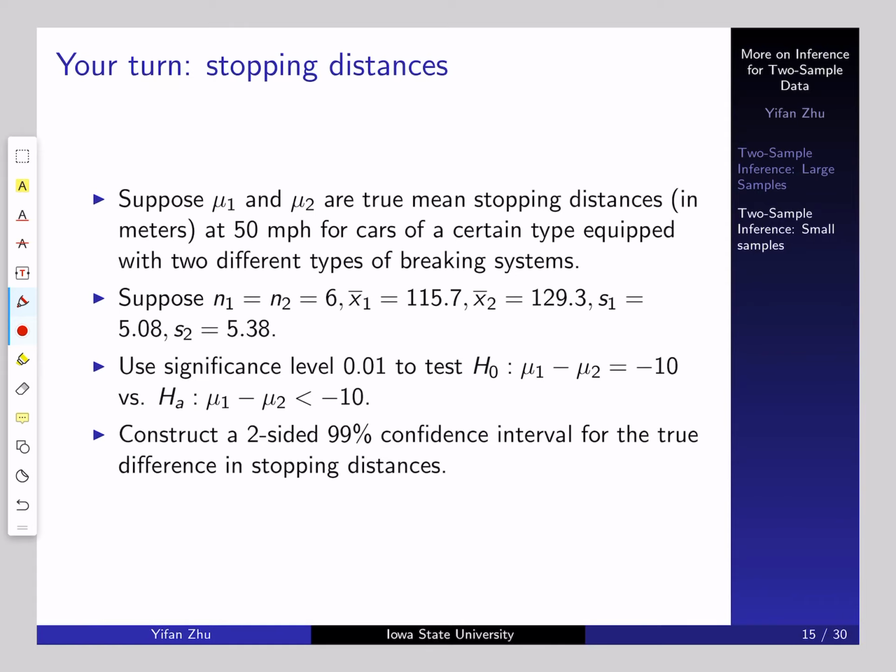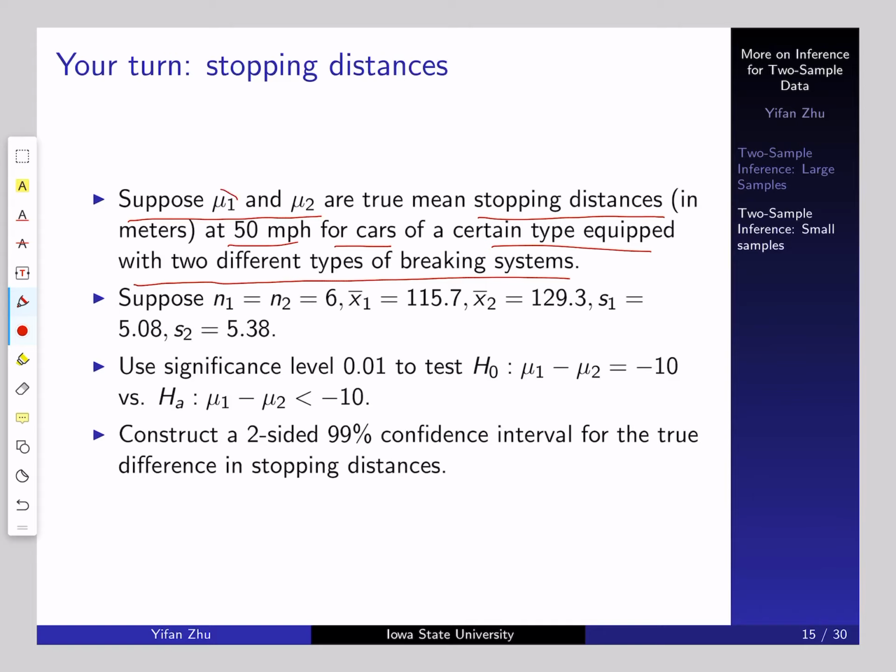So suppose that mu1 and mu2 are the two true means of the stopping distances. Okay, and we use a car driving at a speed of 50 miles per hour and equipped with two different types of braking systems.